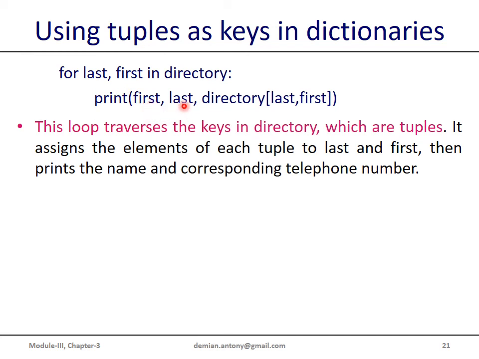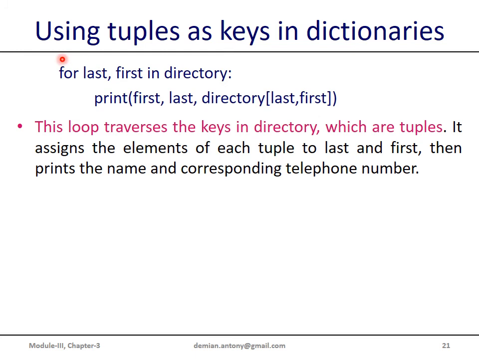This is element key 1, key 2 and the actual value at the directory, by specifying the composite key. This is a composite key which is a tuple, last followed by first. This is how we can traverse the dictionary with the composite keys.